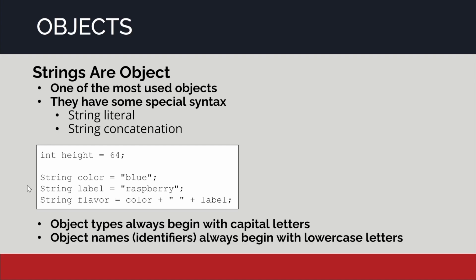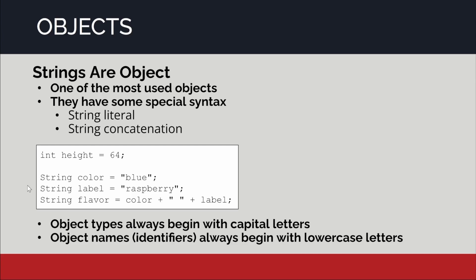Strings are more complex, and they're one of the most used objects in Java. And they actually have their own special syntax because they're little special snowflakes. This was a decision made by the creators of Java because strings are so commonly used that for convenience they gave them a little bit of a special syntax that's different than other objects.